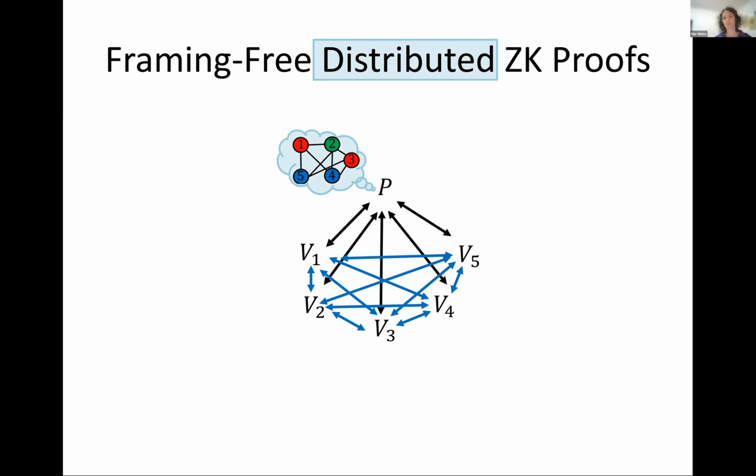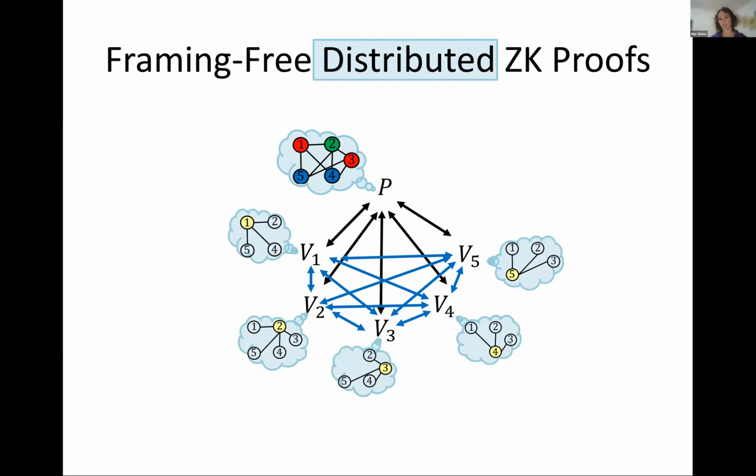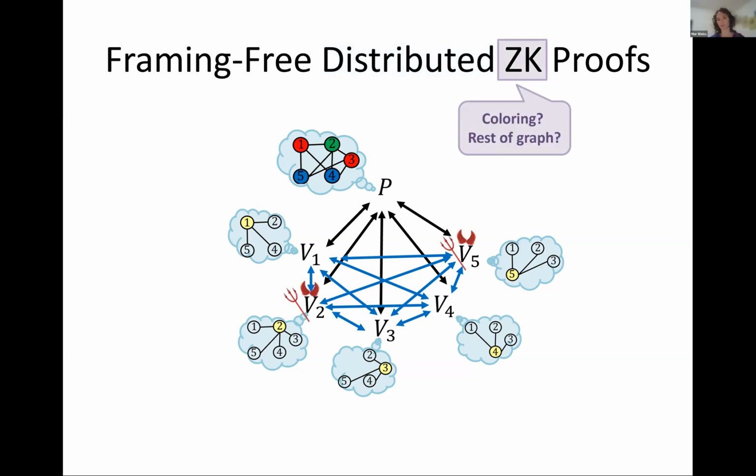Here the prover knows the graph and the coloring, but the verifiers might not even know the entire graph. It might be the case that each verifier only has some local view, for example, just knows the local neighborhood of one node. Zero knowledge in this context means that a subset of corrupted verifiers don't learn anything about the coloring, obviously, but also they don't learn anything about the rest of the graph.